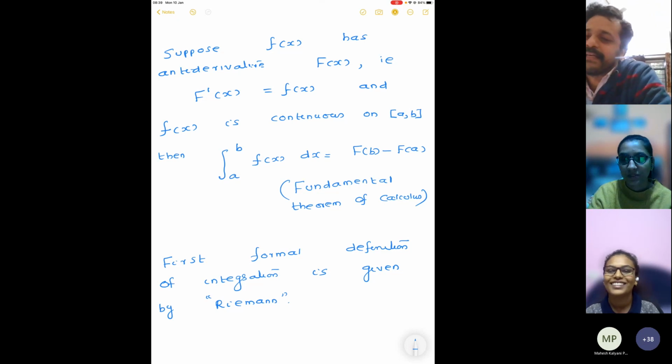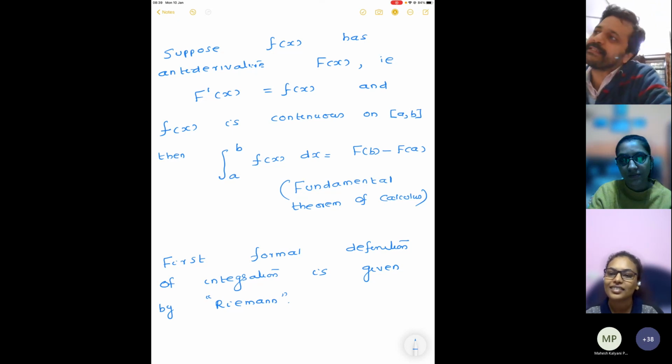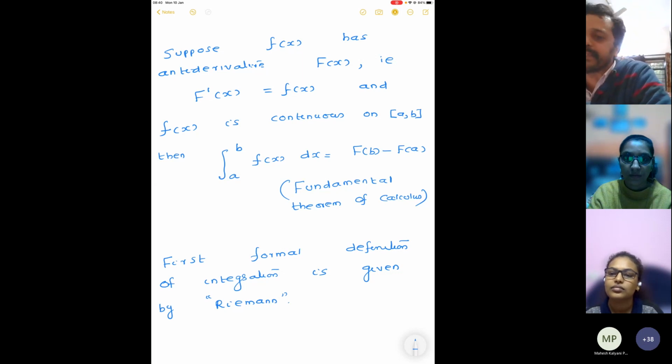So let me take 5 minutes. Let me repeat. The x's are like houses and the f of x's measure the income of the owner of that particular house. So what is the limit as x tends to c of f of x? It is the assumption or the impression that you get about the income of the owner of house c by knowing the income of the neighboring houses.